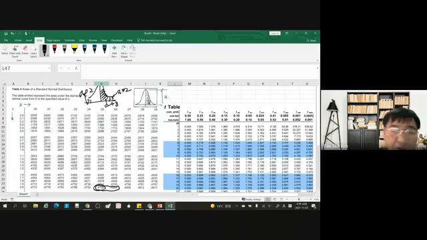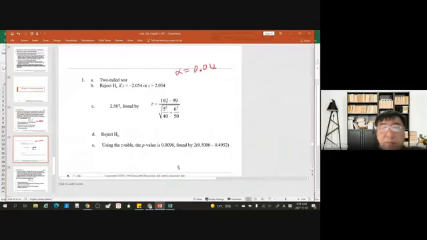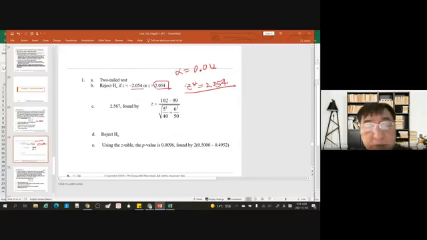It is between 2.05 and 2.06. Between these two numbers, so the critical value is about 2.05. The critical value is read from the table, or you can calculate it using the normal Excel function.